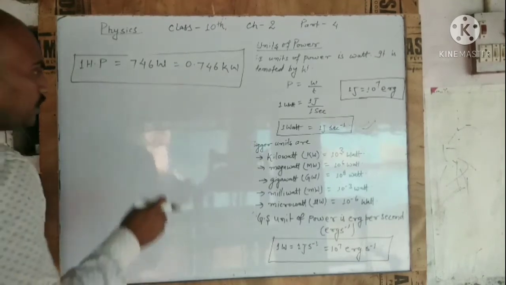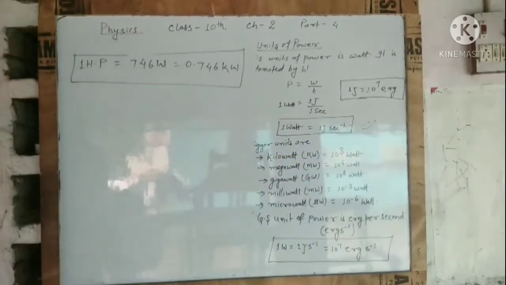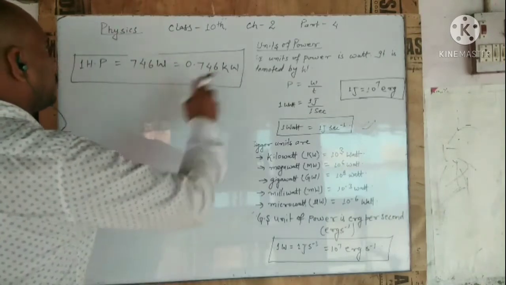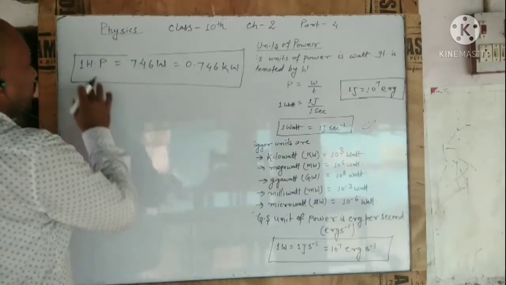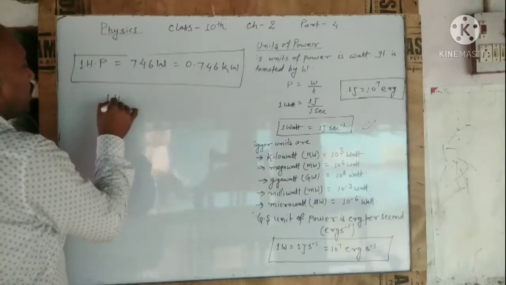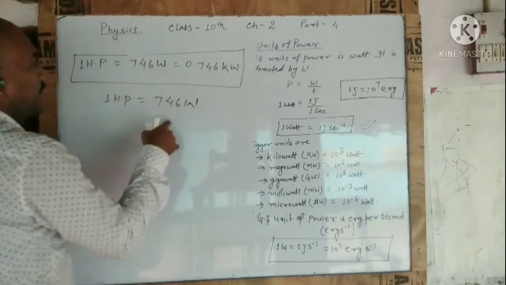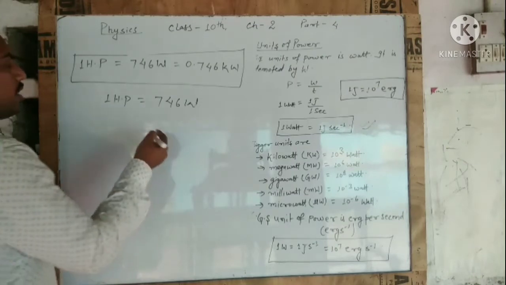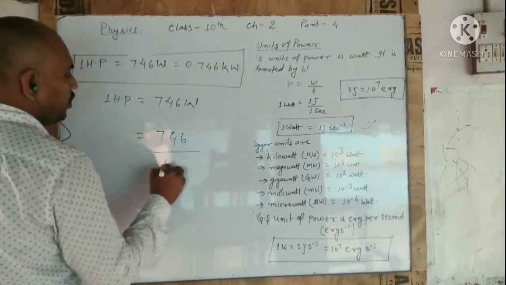As we know, 1 kilowatt is equal to 10 to the power 3 watt. It means if you want to convert watt into kilowatt, you have to divide by 1000. As we know 1 horsepower is equal to 746 watt, to convert it into kilowatt I just have to divide 746 by 1000.